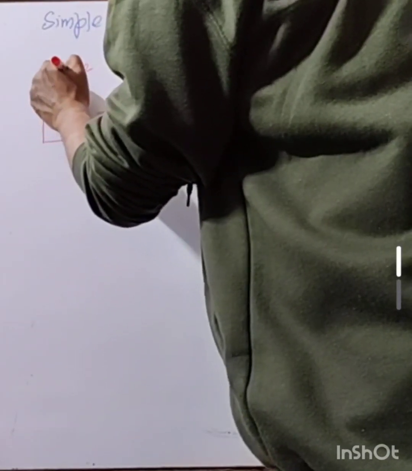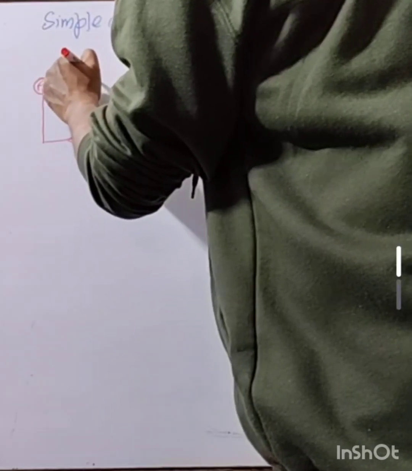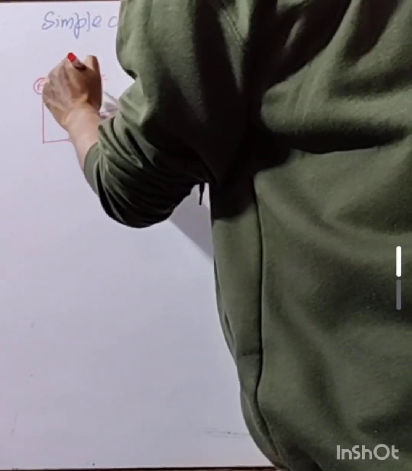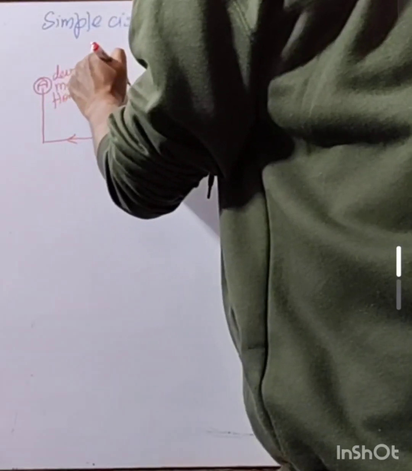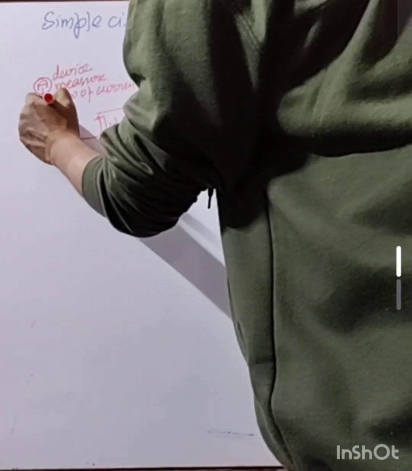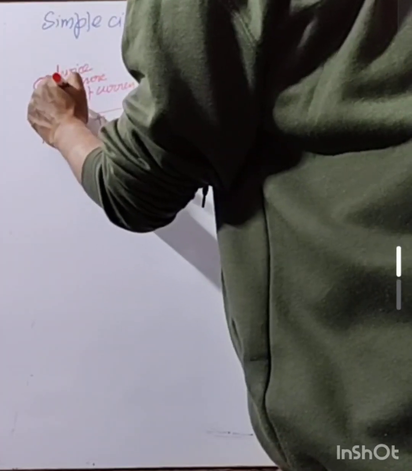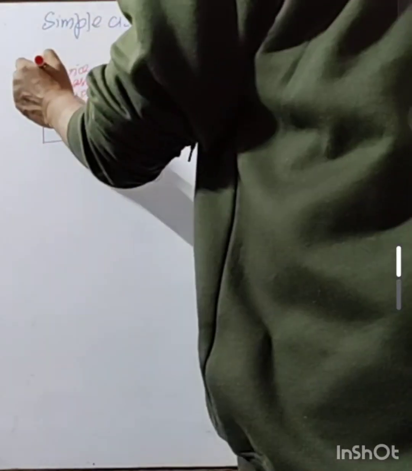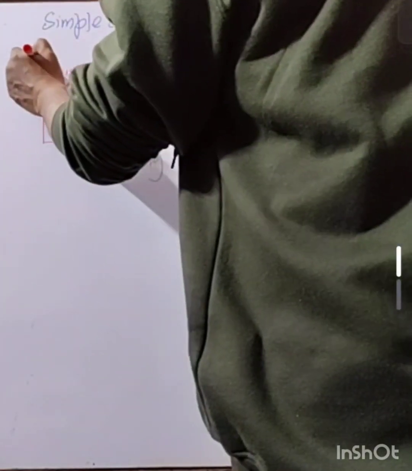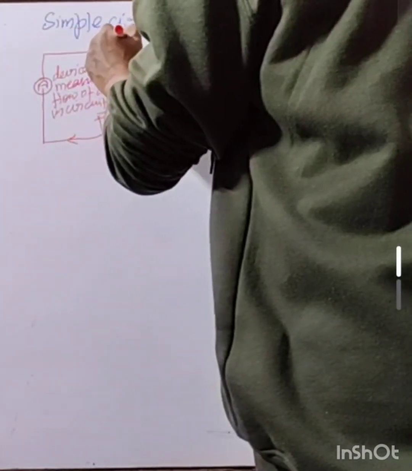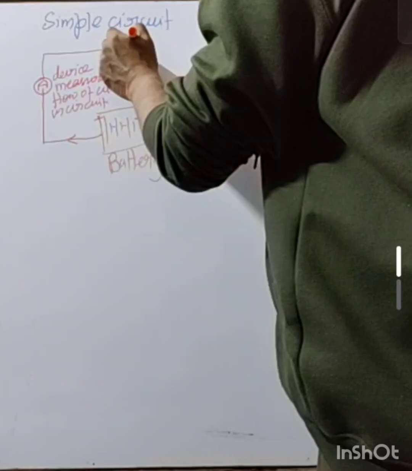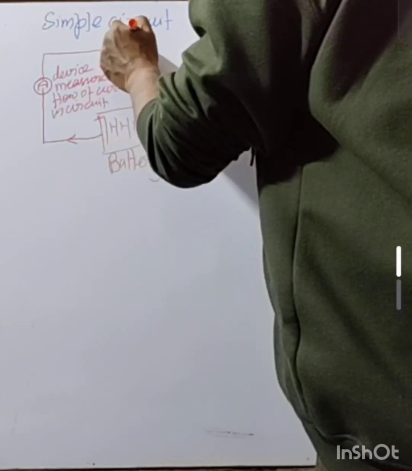Ammeter is a device to measure flow of current in the circuit, right? After this device, there is a bulb.